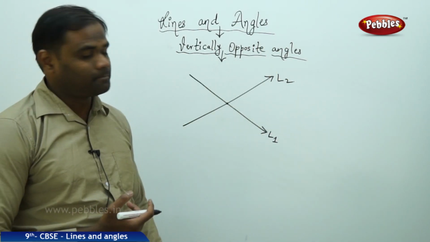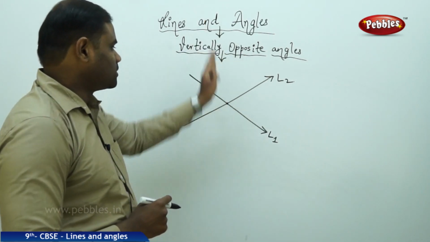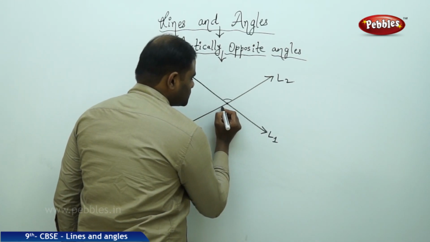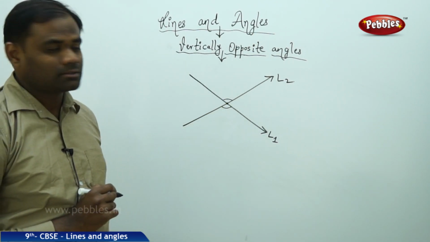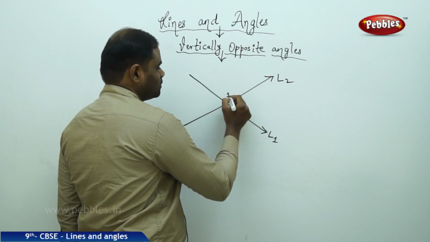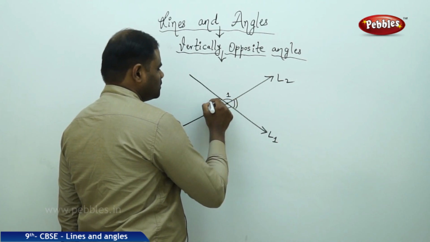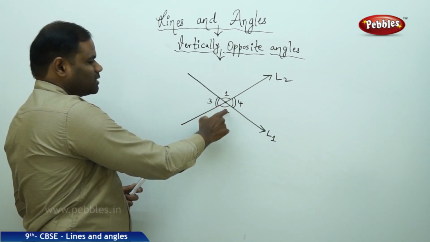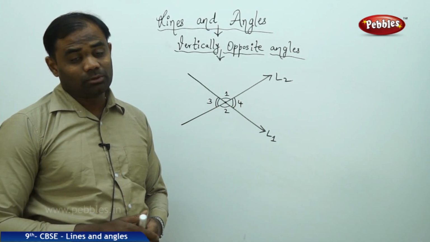Now let's see how we can define the vertically opposite angles for the case of two lines L1 and L2 intersecting at a certain point. As we know, vertically opposite in the sense, there are two angles which are opposite out here, and these two are called vertically opposite angles. Or I take this 1 and 2 and I take here 3 and 4. As can be seen here, 1 and 2, and 3 and 4 are the two pairs of vertically opposite angles.